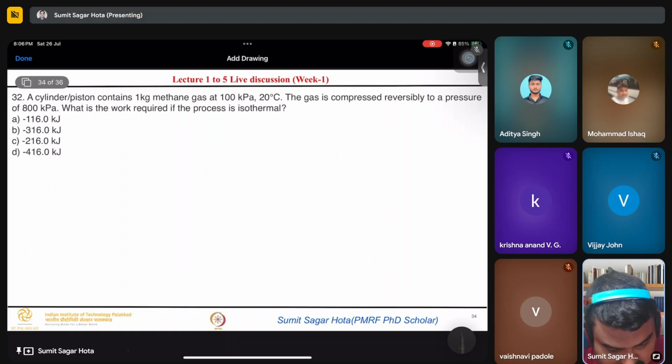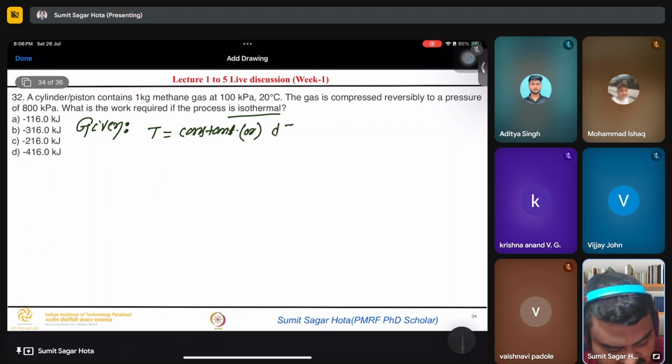So let's write down what is given. It's an isothermal process, that means your temperature is constant, so dT, the change in temperature, is equal to 0. So your change in internal energy, dU, is m cv dT, which will be 0.